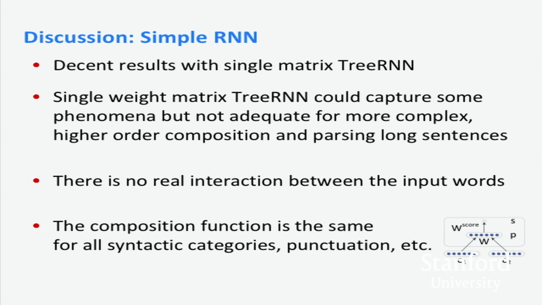The first one, the no interaction between the input words, is, I think, a common issue with quite a lot of models if you just have a single neural layer.